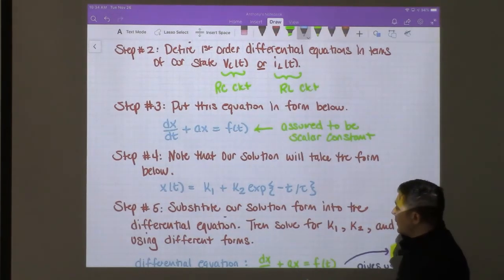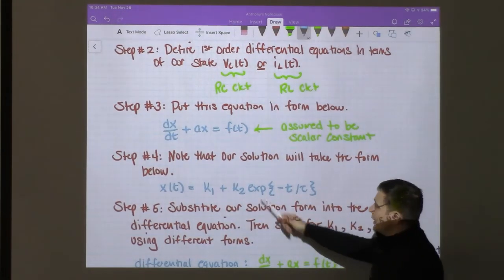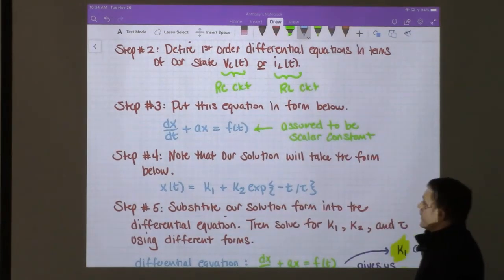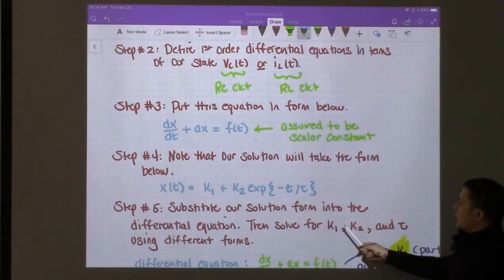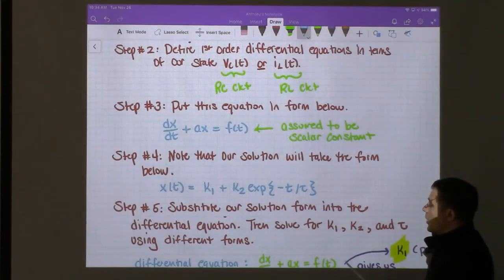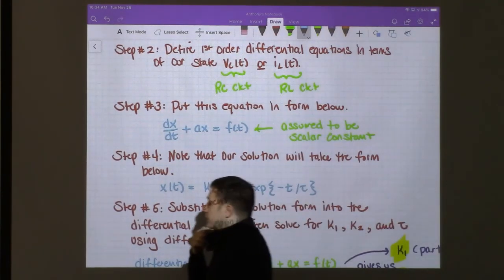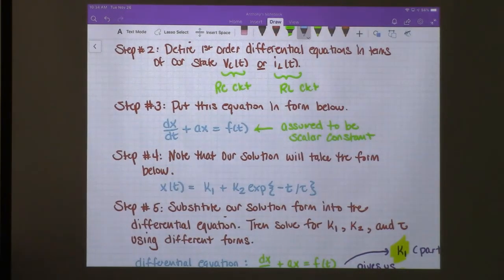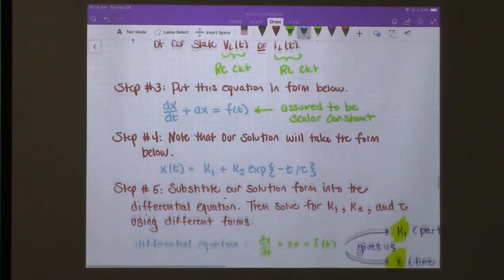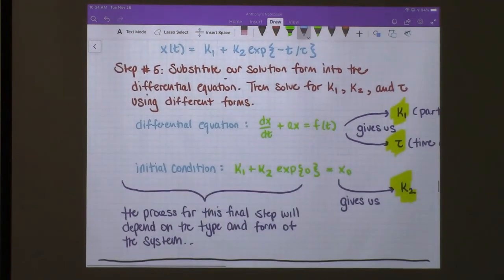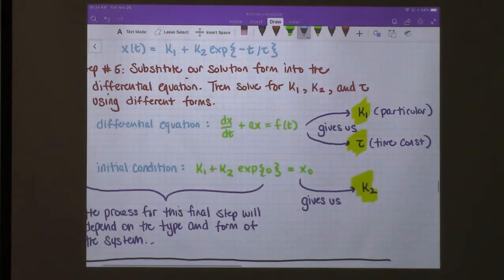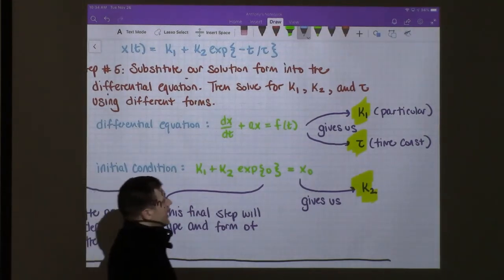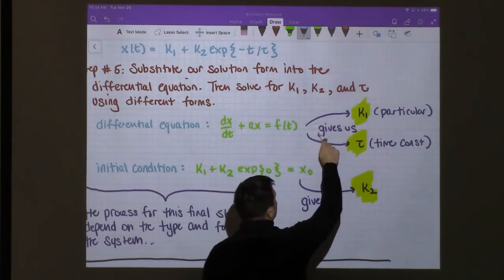Step number 5, substitute this solution into our differential equation. And then try to solve for k1, k2, and tau using the different equations that we have available to us. So again, when we substitute our solution into the differential equation, we should be able to split that up into two different pieces.